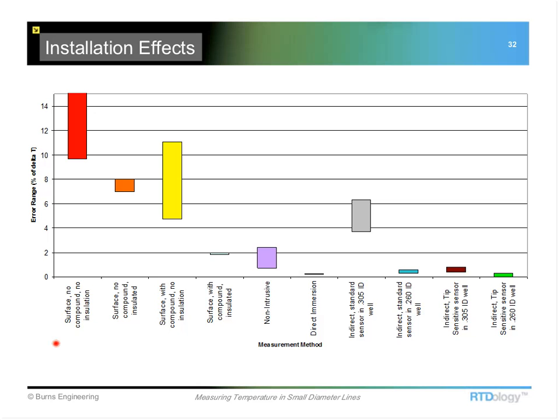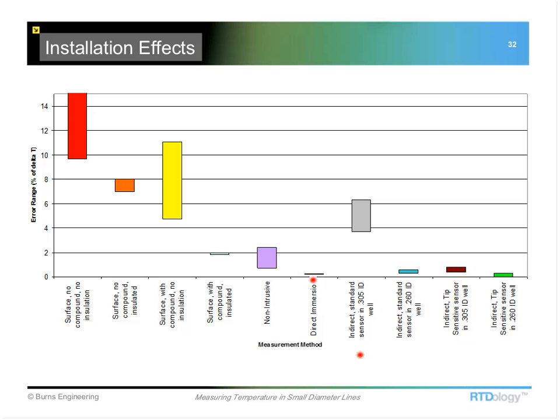No insulation, and we've got errors expressed as a percentage of delta T. So we have a huge error here, 10% of delta T. If we've got a 100-degree difference between our process and the ambient, we've got a 10-degree error. That's pretty significant. And then going down to the other extreme with a direct immersion sensor, with a proper immersion length, we have almost no stem conduction error.